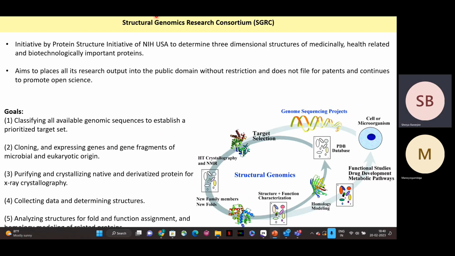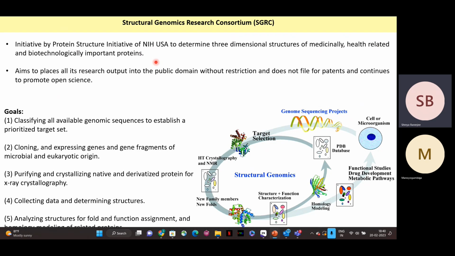Now, there is something called the Structural Genomics Research Consortium, or SGRC. This was an initiative taken by the Protein Structure Initiative of NIH USA to determine the 3-dimensional structures of medicinally, health-related, and biotechnologically important proteins.